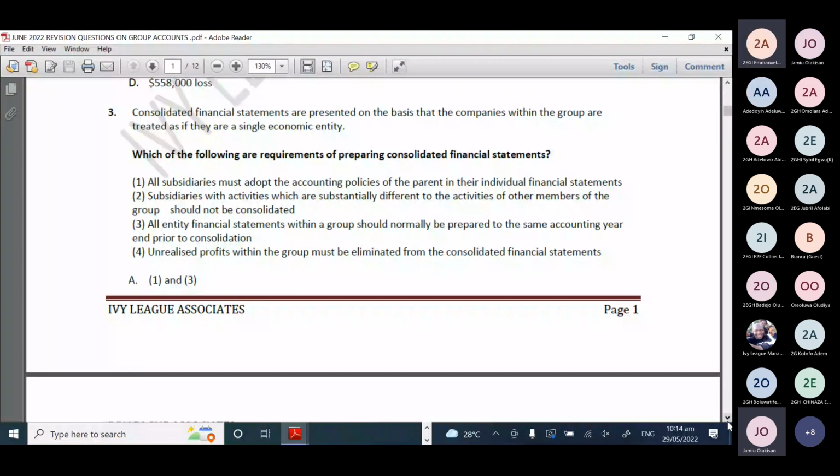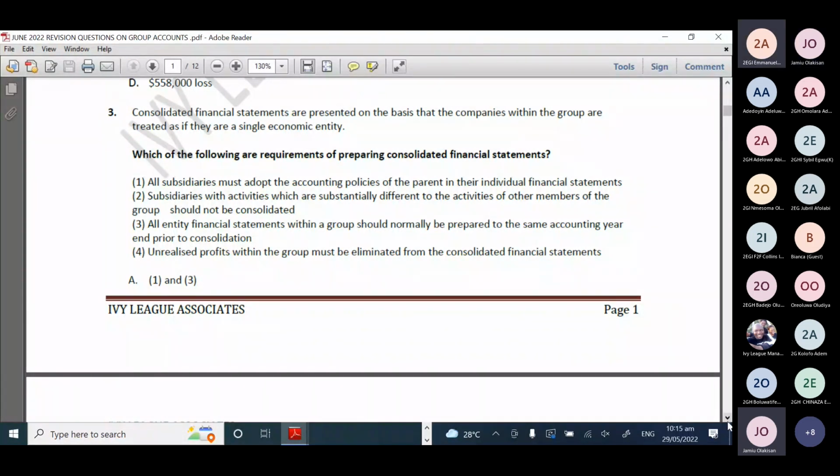Consolidated financial statements are presented on the basis that the companies within the group are treated as if they are a single economic entity. Which of the following are requirements of preparing consolidated financial statements? 1. All subsidiaries must adopt the accounting policies of the parent in their individual financial statements. 2.